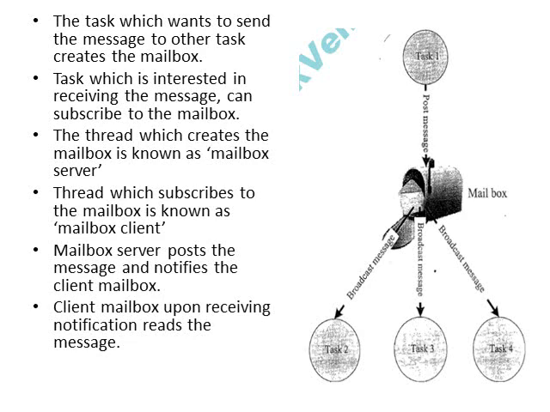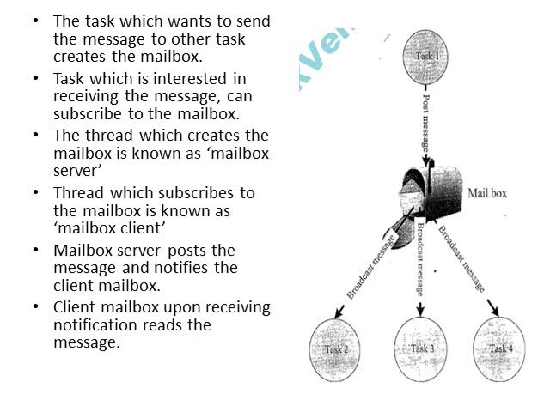From the mailbox, there are multiple receivers. We have already seen that the mailbox can be used to send messages to multiple processes. In the example, the message has been received by tasks 2, 3 and 4.